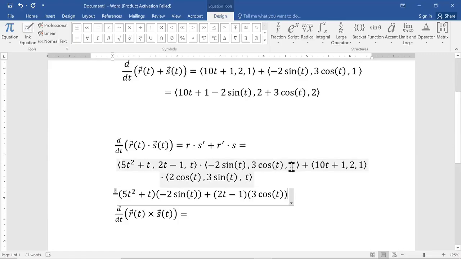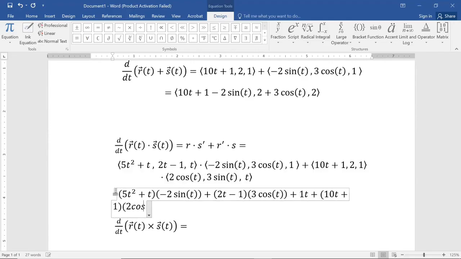Plus t times 1. And then I'm going to add that to 10t plus 1 times 2 cosine of t. Not the nicest thing to multiply, but that's okay. 2 times 3 sine of t plus 1 times t.